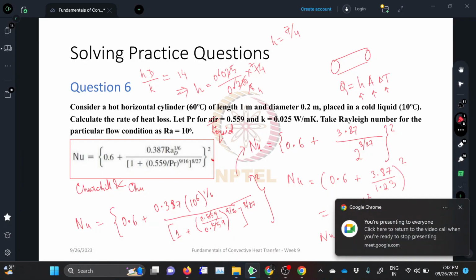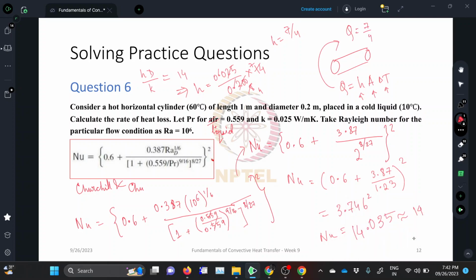And if we use that value over here, so q equal to 7 by 4, then the total area is pi dl, right? So it's pi into d into l, which is 1, and delta t is 50.